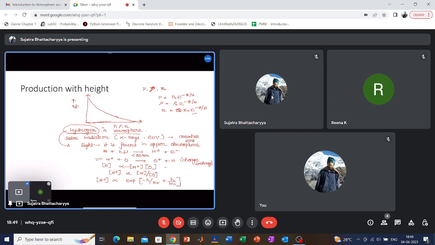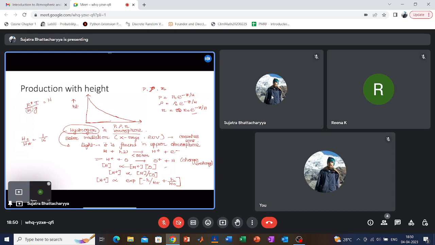Now we know that this scale height H_O divided by H_H is actually 1 by 16. See, 16 times the H_O is actually H_H, because it is inversely proportional to M. See, this is R star T by M g, right? That is your scale height. So it's inversely proportional to the molecular mass. That's why we are writing like this.